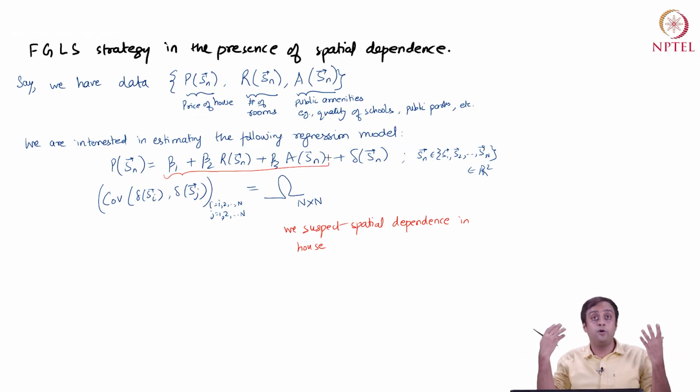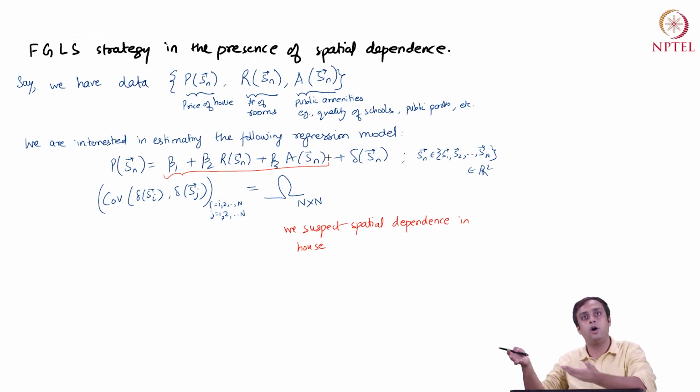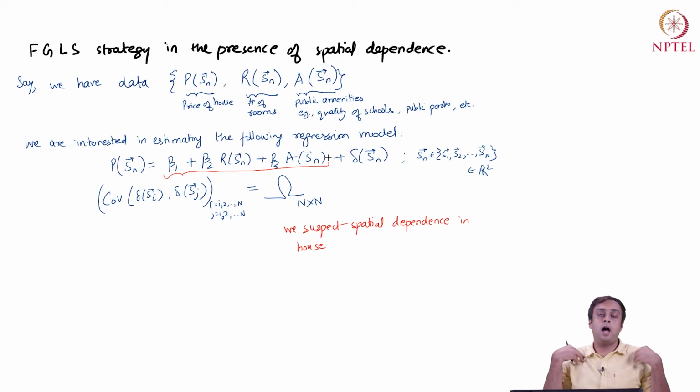So where is it all going to be? It's going to all reside in the error term, something that we could not or did not account for in the given model, right? As an analyst, we suspect that there will be spatial dependence in housing prices, right?